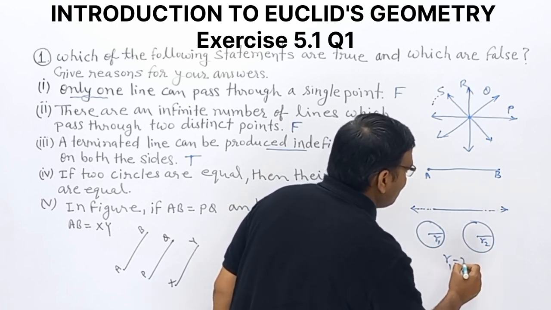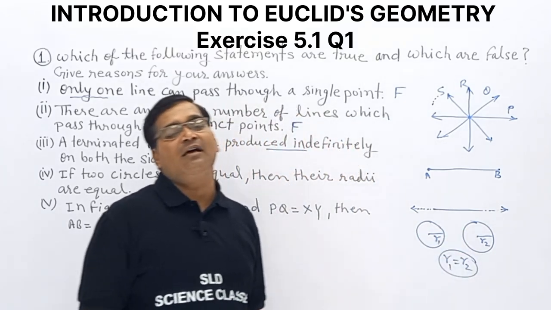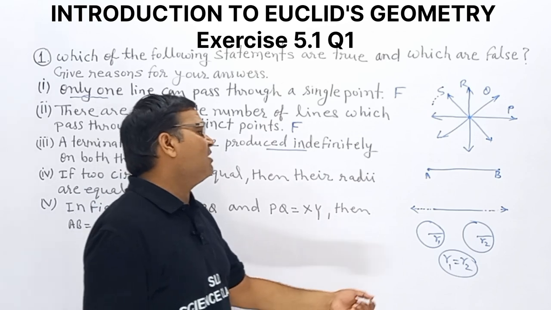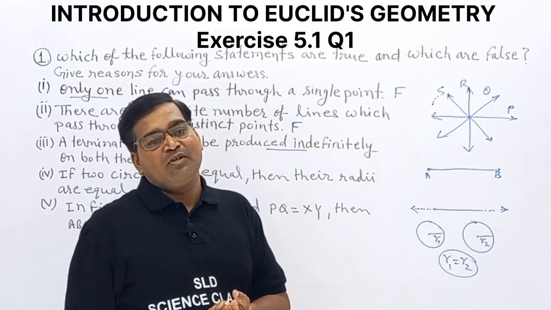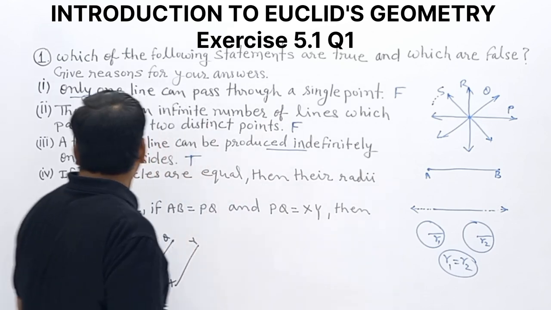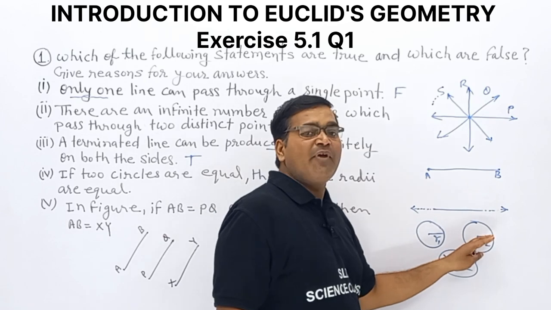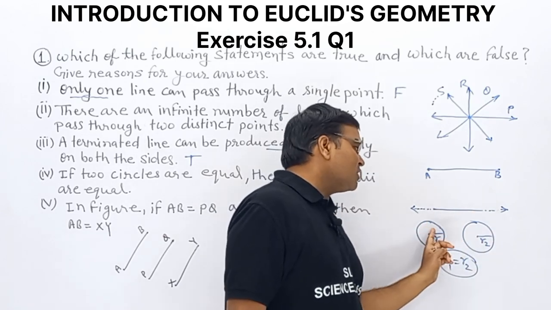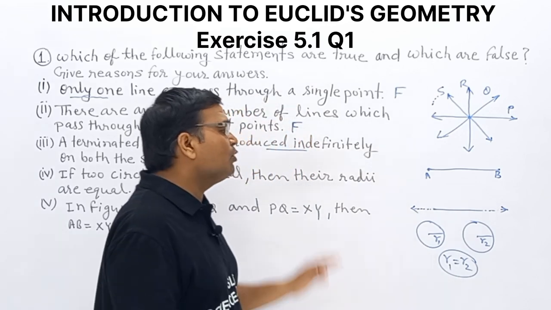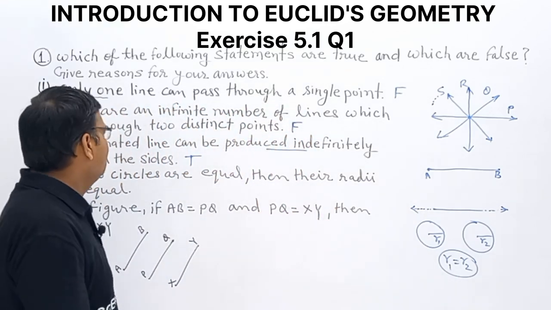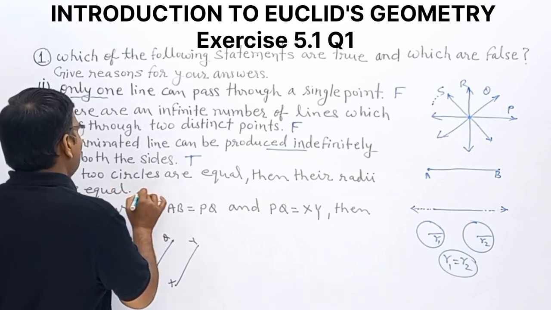Only when R1 equals R2, when the radii of both circles are equal, can we say the circles are equal. So if 2 circles are equal, it is only when their radii are equal. Then only they are congruent or equal. Clear?